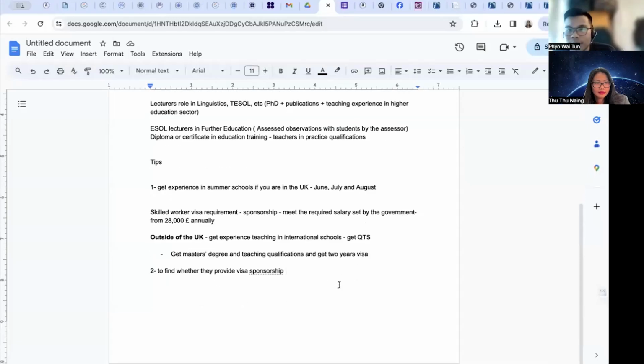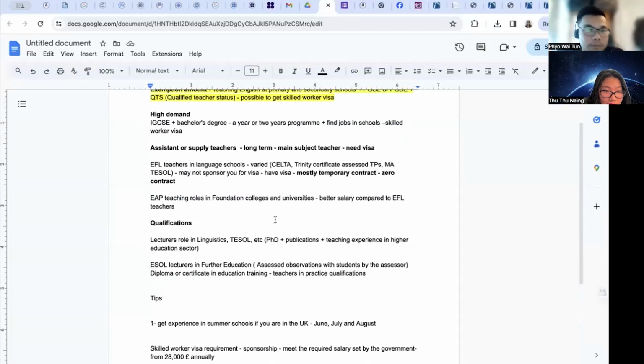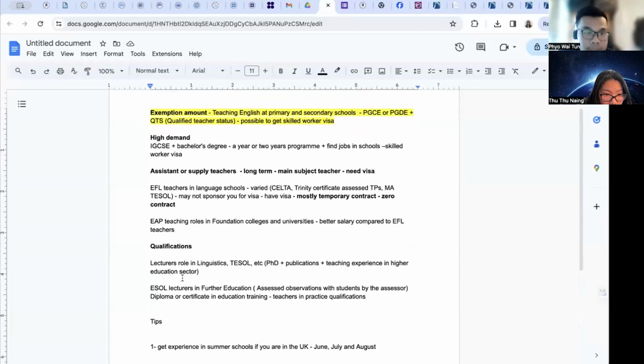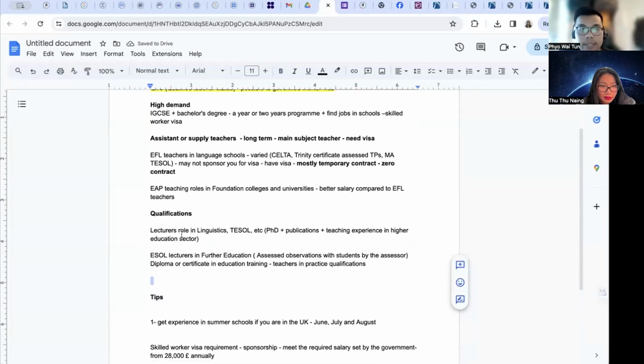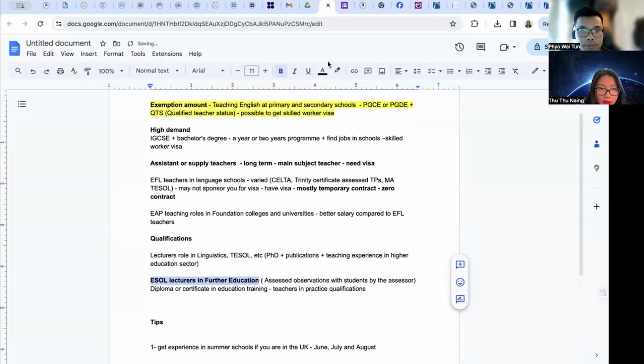Okay, so we have talked about teaching in schools, ELT, English language teaching in language schools, and EAP. EAP is also in the higher education sector, in lecturer roles. And the last one will be ESOL lecturer in further education. Further education usually means working in colleges.